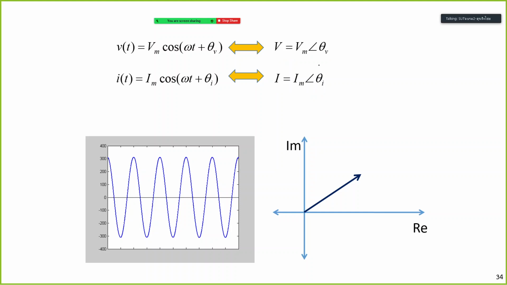In fact, for RMS analysis, this should be divided by square root 2, and this is also divided by square root 2, okay, and it will be in the complex or polar form. This is absolute V over square root 2, like this.